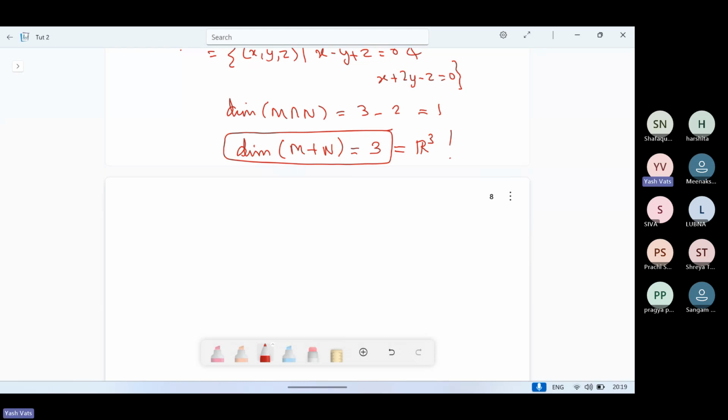Okay, let me write another question for you as well. Consider the subspaces, and then you take some minutes to solve and tell me.